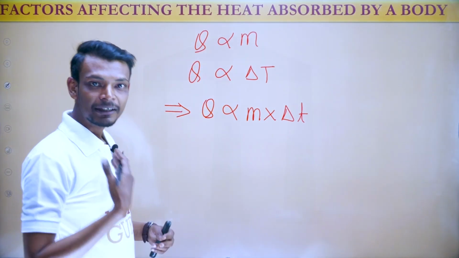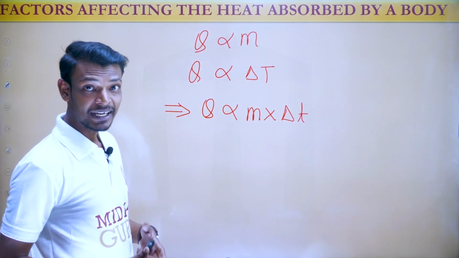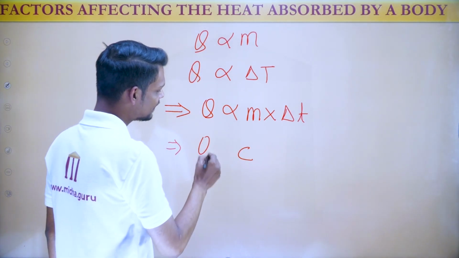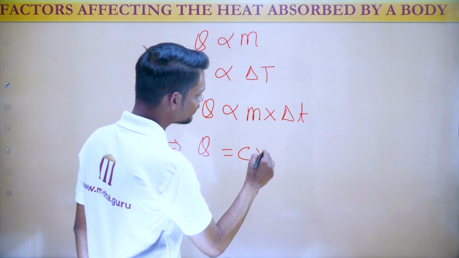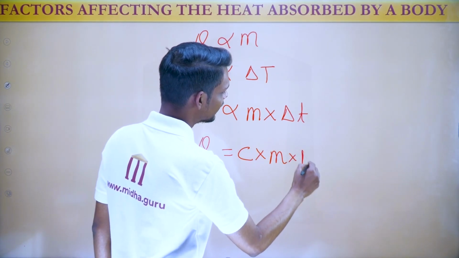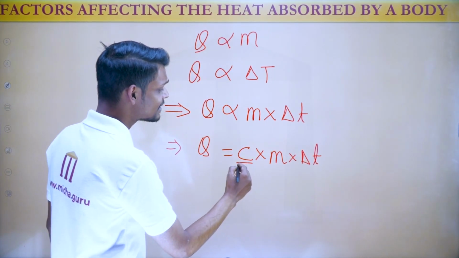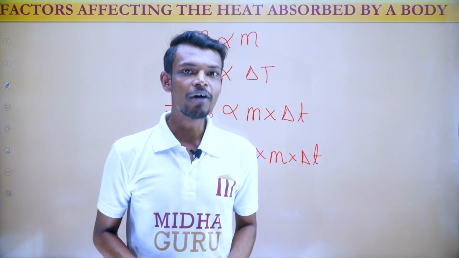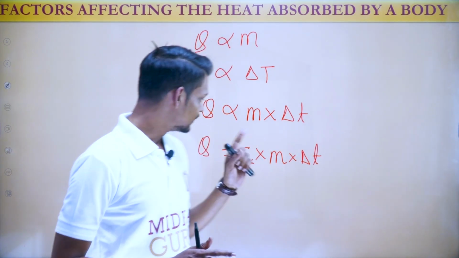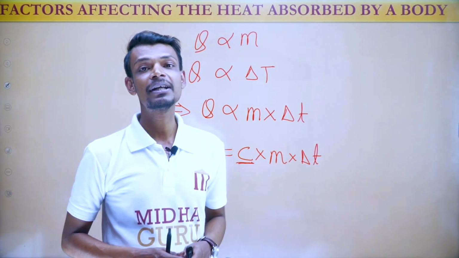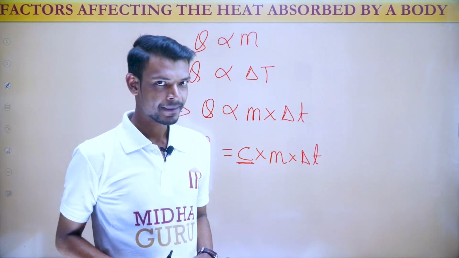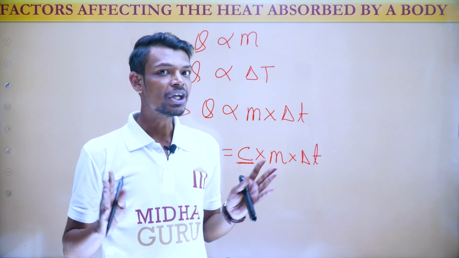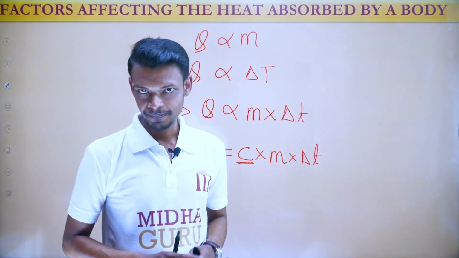Now if I include a constant of proportionality, which in this case will be C, then I can write that heat energy is equal to C times M times delta T. Now what is this C? This C is the specific heat capacity of a substance, and this is actually a fundamental characteristic of matter. In fact, using specific heat capacity, we can differentiate between different matters.